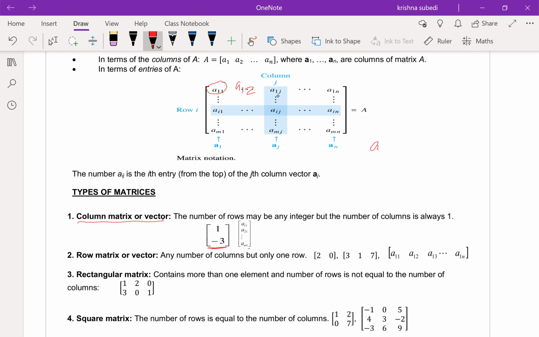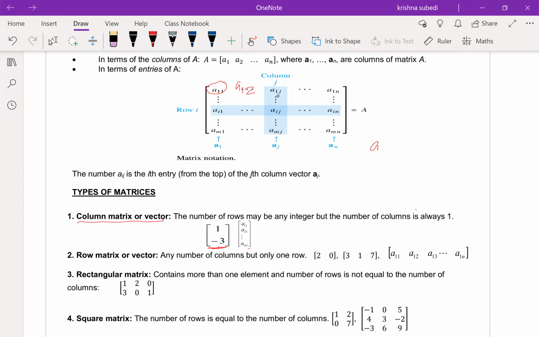If you draw this figure, let's say 1 and -3, x is 1, y is negative 3. So that is the point, and if you join that point like this, you get a vector. It has a direction as well as a length, magnitude. So you can say this is a vector or just a column matrix.